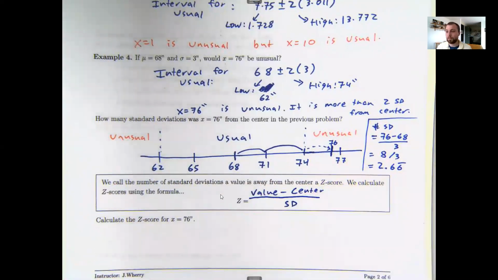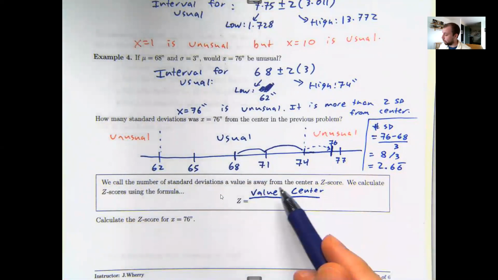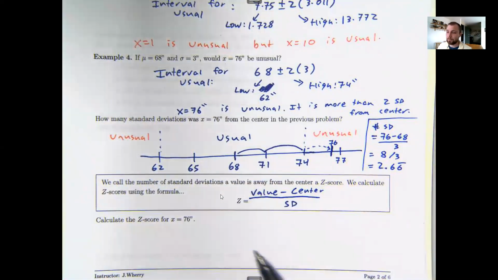Throughout the term, we're going to be calculating a lot of different z-scores. You might see a bunch of different formulas for them, but they really just come back to this. So I would encourage you to only remember this general setup for a z-score as being the value minus the center divided by the standard deviation.